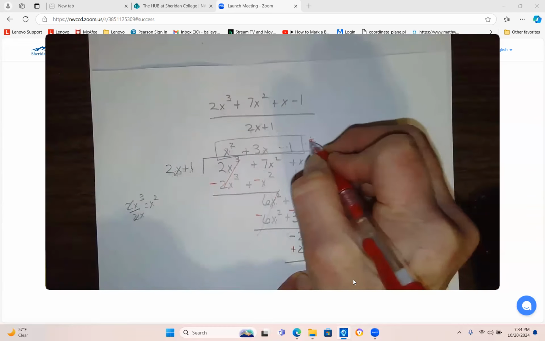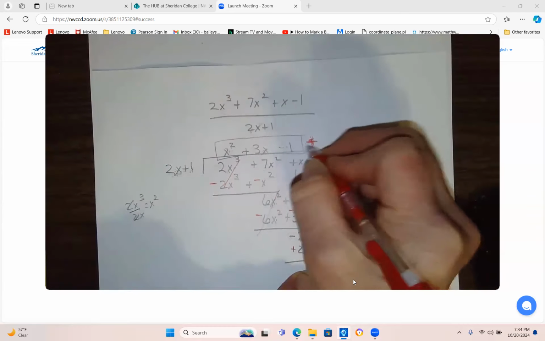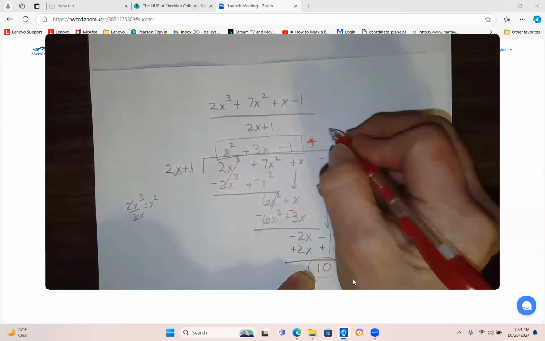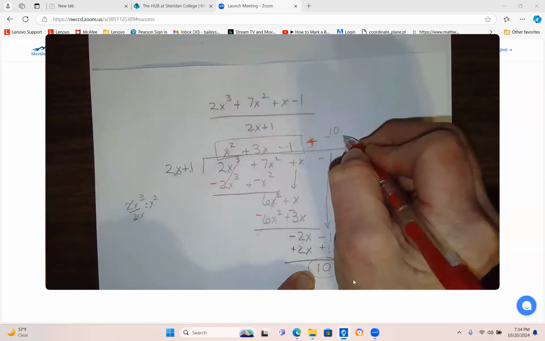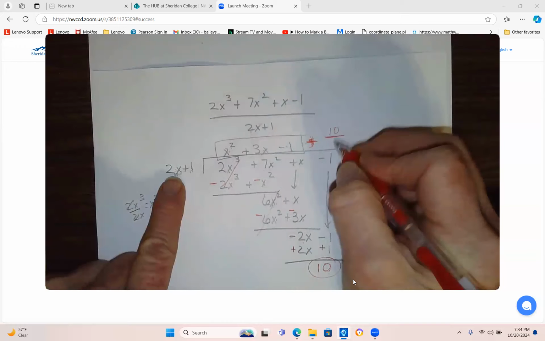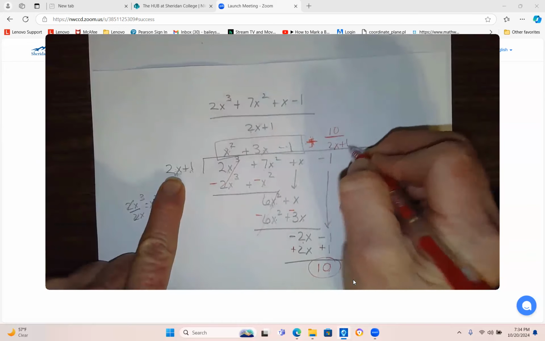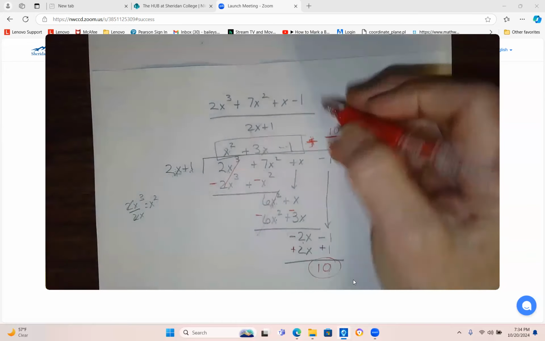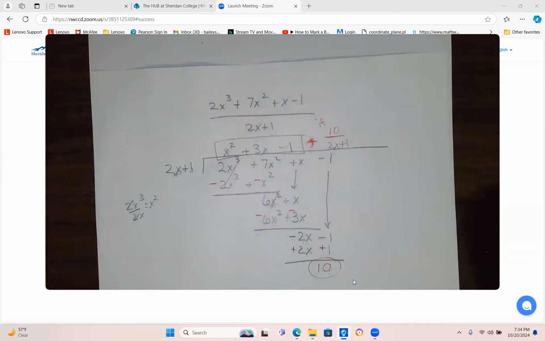Actually, I'd make the plus right next to it. Plus 10 over this 2x plus 1. So if you had a remainder, then you put the remainder over here. If this had been a -10, I would have done a subtraction. So that's what you do with the remainder. But in this case, we didn't.